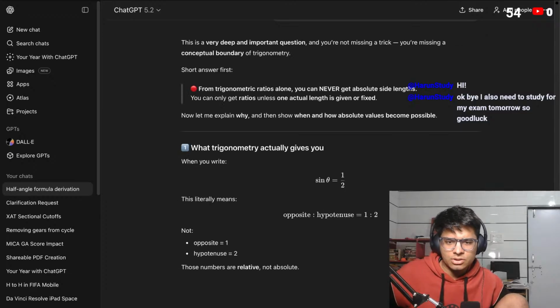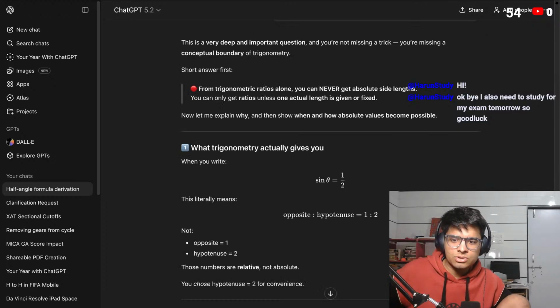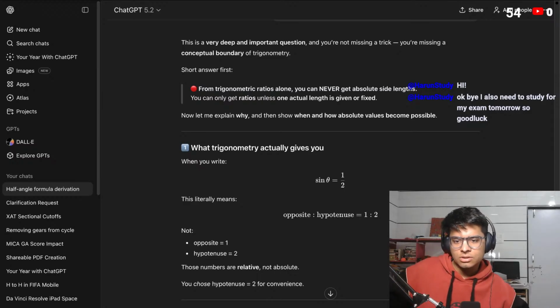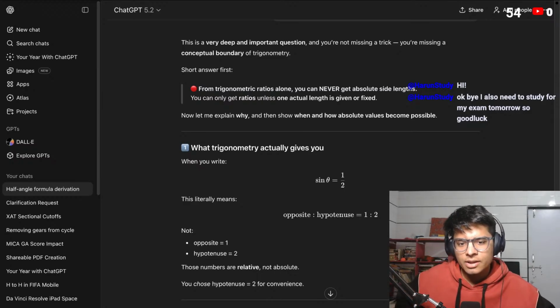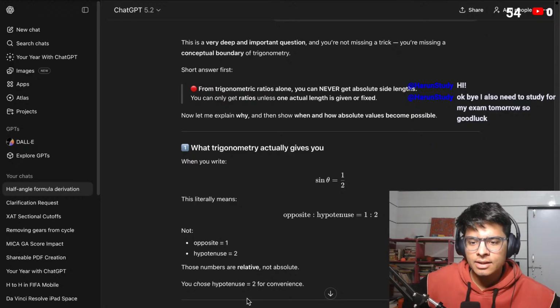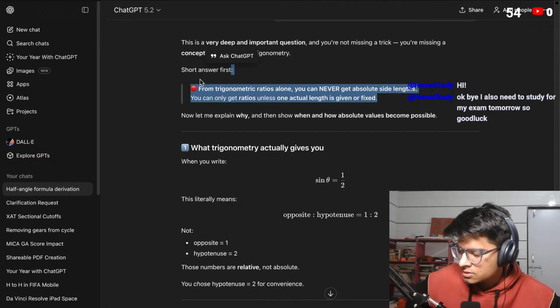Important question, you are not missing a trick, you are missing a conceptual boundary of trigonometry. From trigonometric ratios alone, you can never get absolute side lengths. You can only get ratios unless one actual length is given or fixed.